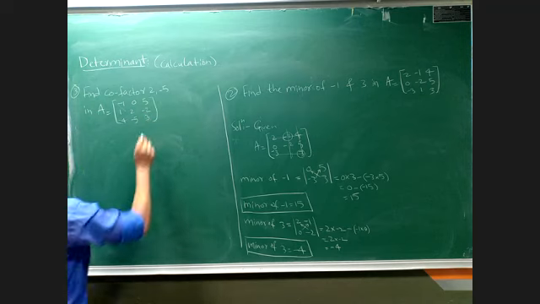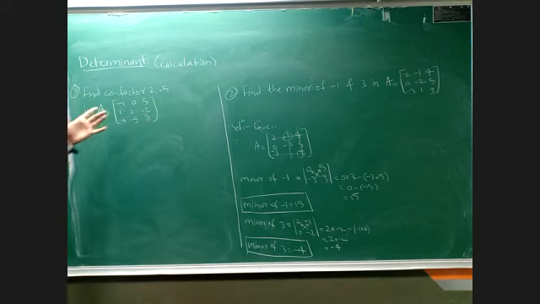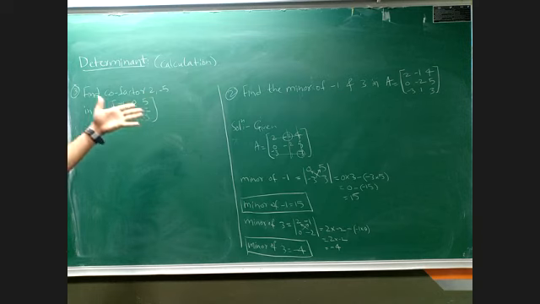So this is the matrix and we need to find the cofactor of 2 and -5.